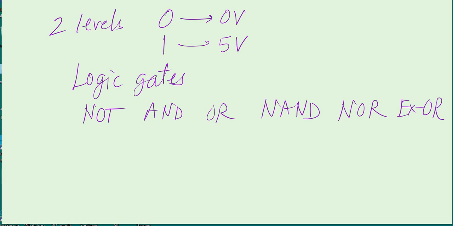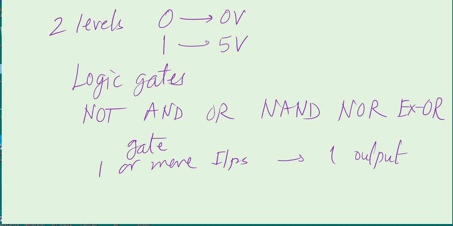Such gates are there. A gate has one or more inputs but only one output. Whenever there are digital relationships between input and output, these input-output relationships are given by a special algebra known as Boolean algebra.